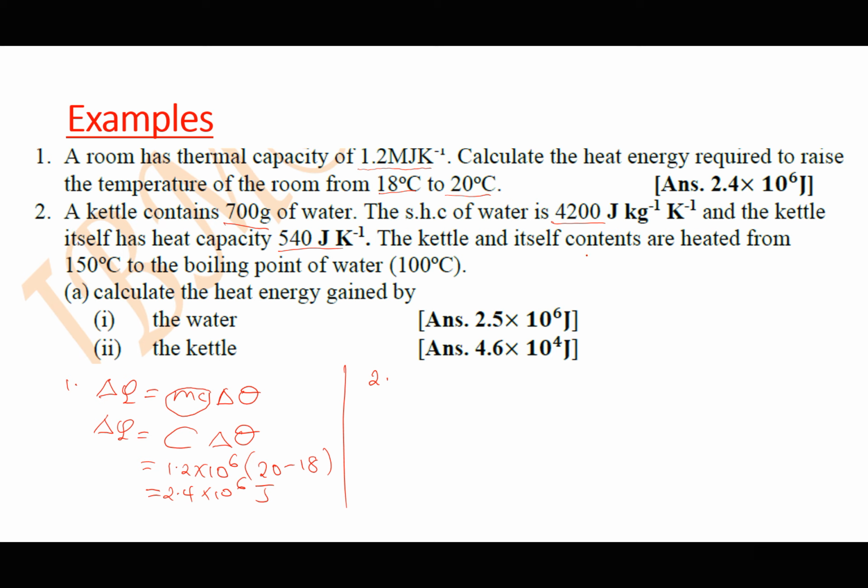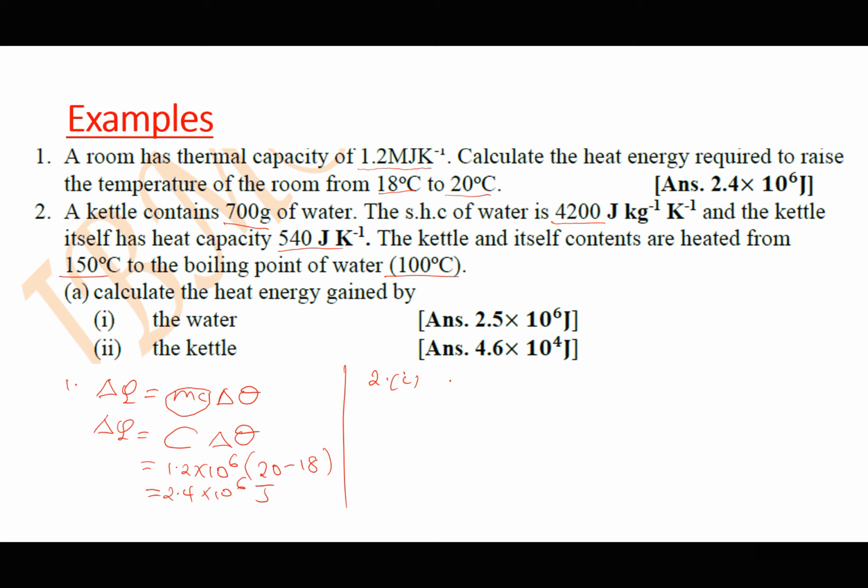The kettle and its contents are heated from 150 degrees Celsius to the boiling point of water, which is 100. Calculate the heat gained by the water. So part 1, the amount of heat gained by the water. Since we have the mass of water and the specific heat capacity of water, we can estimate the amount of heat gained by the water.